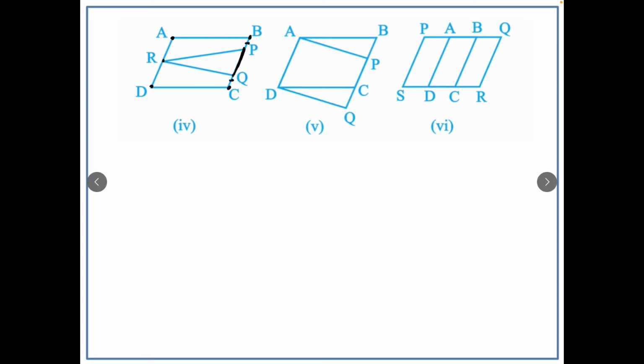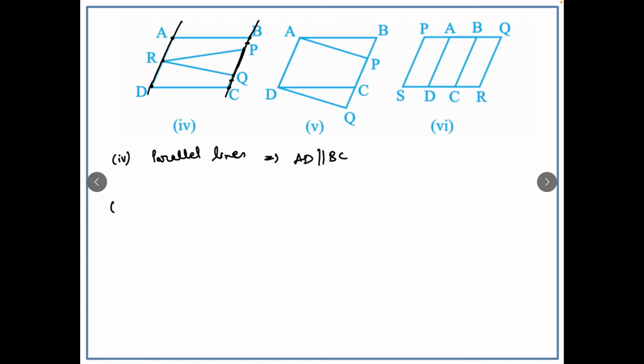So they are not on the same base, but they are between the same parallel lines. If you extend this line, you will find that they are between the same parallel lines. So the answer of part 4 is: there is no common base, but the parallel lines here are AD parallel to BC.